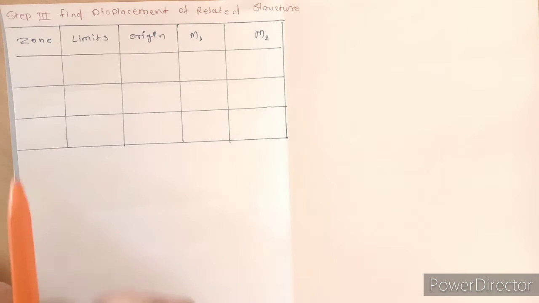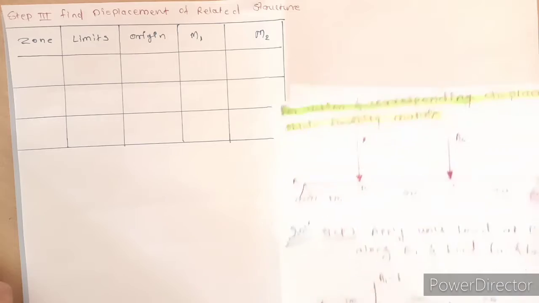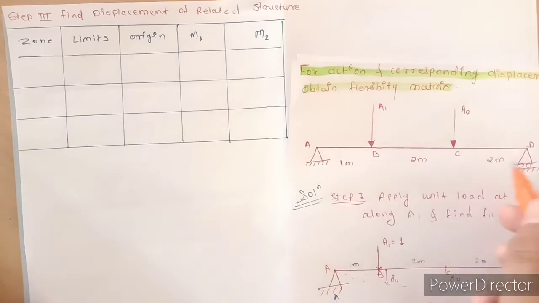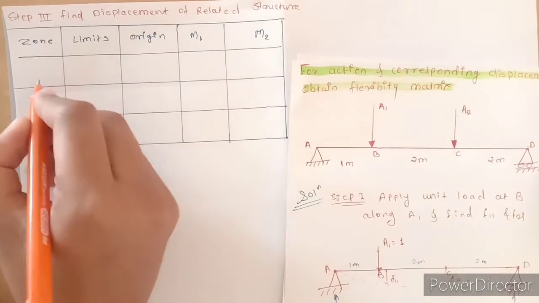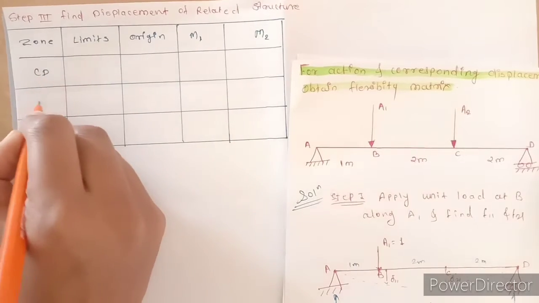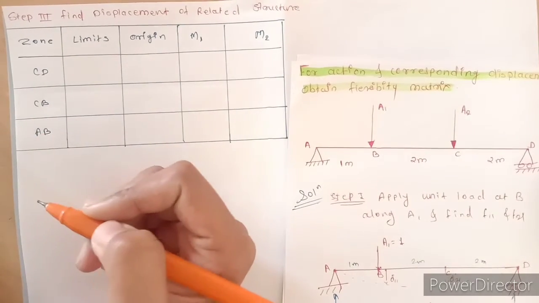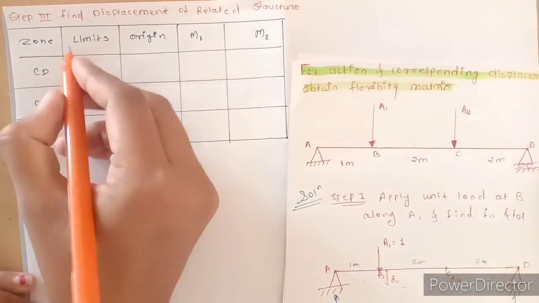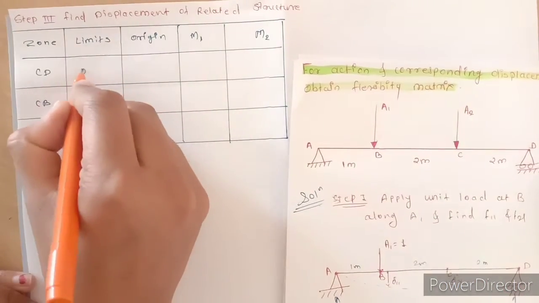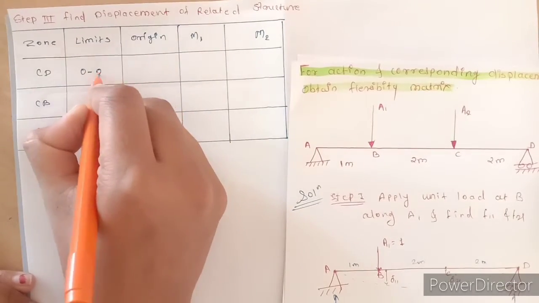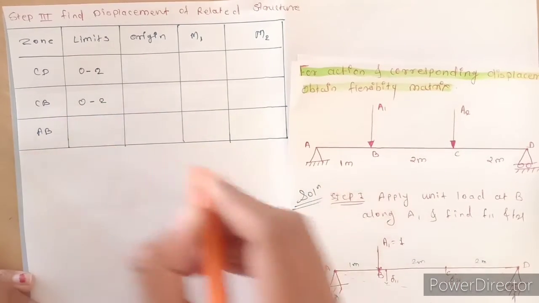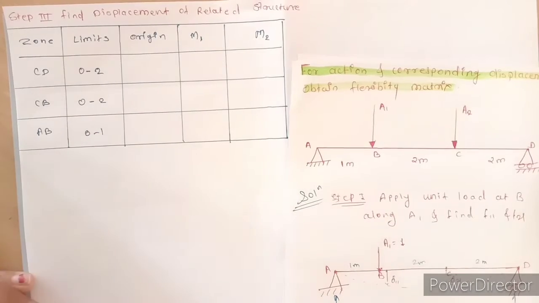Our first column is zone. You can see in the figure there are 3 zones, that is AB, BC and CD. First we take from the right hand side the CD zone, then CB and AB zone. Then limit: we always put the limit from 0 to L. For CD span our limit is 0 to 2 meters, for BC the limit is 0 to 2, and for AB span the limit is 0 to 1.